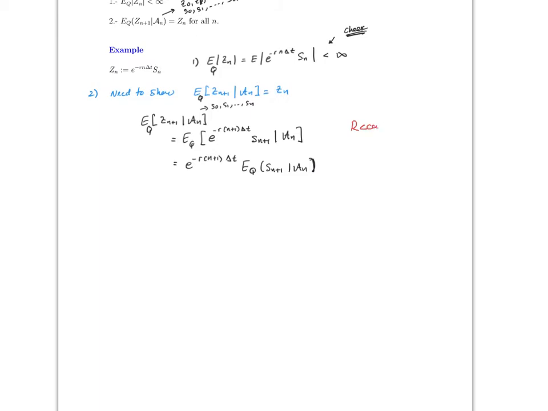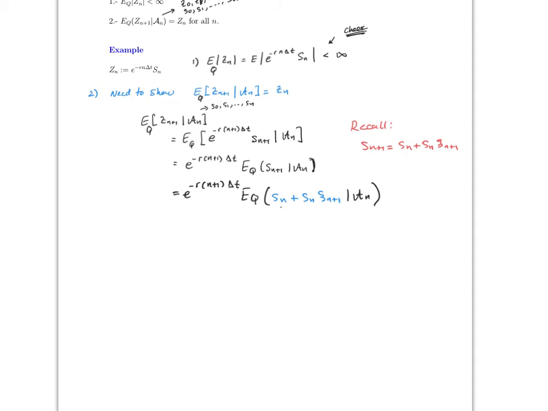However, recall that S_{n+1} is the same thing as S_n plus S_n times C_{n+1}. So therefore, this is the same thing as e to the minus r_{n+1} delta t times the expected value with respect to Q of S_n plus S_n C_{n+1} given A_n.